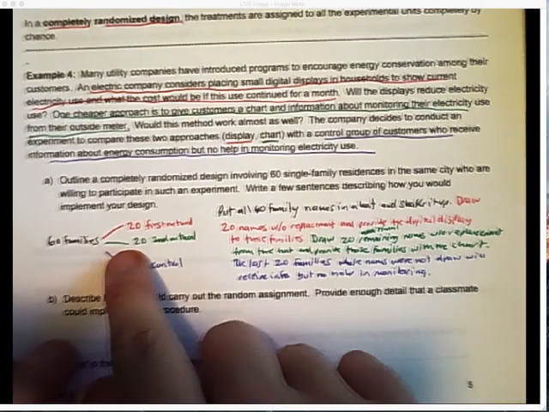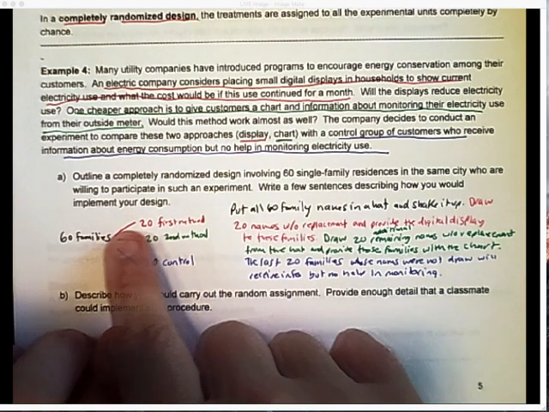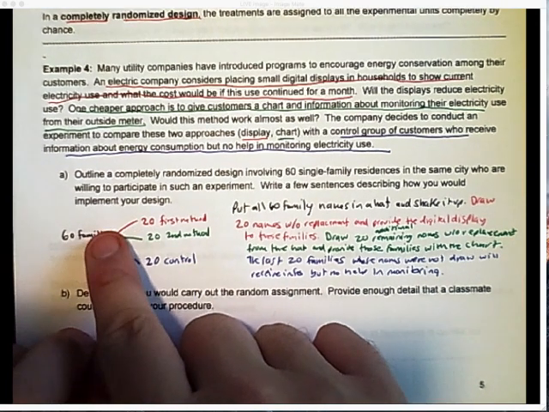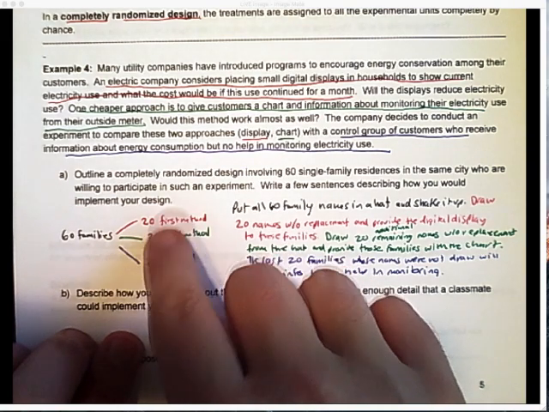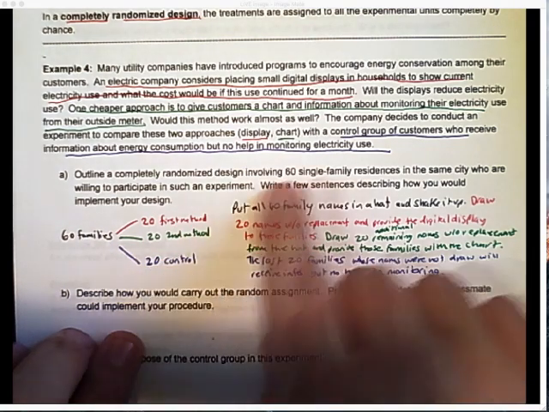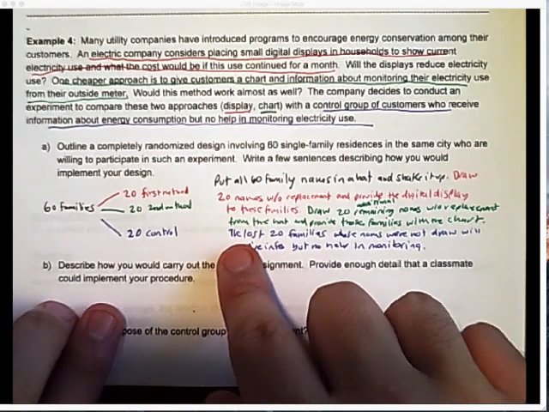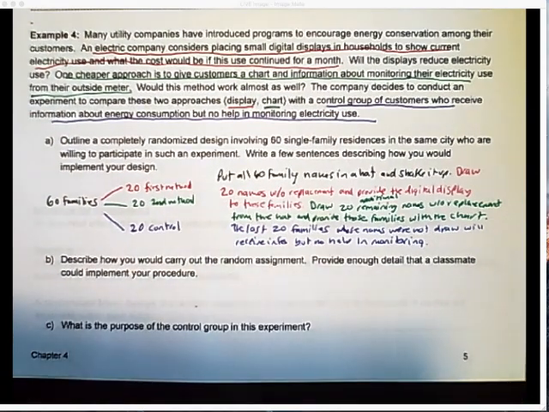I'm telling the reader, the grader, how am I going to break these 60 families up so I can randomly put 20 people in each method. And I just did that in a few sentences. All right. It says, describe how you would carry out the random assignment.